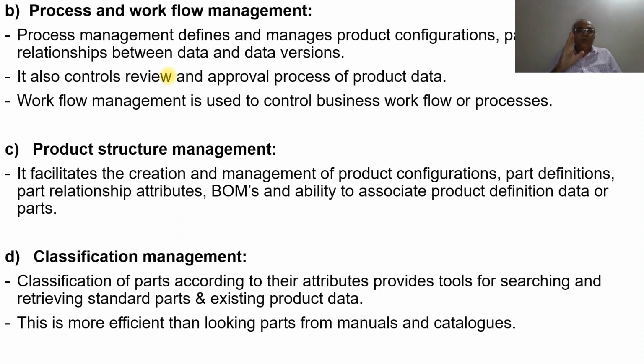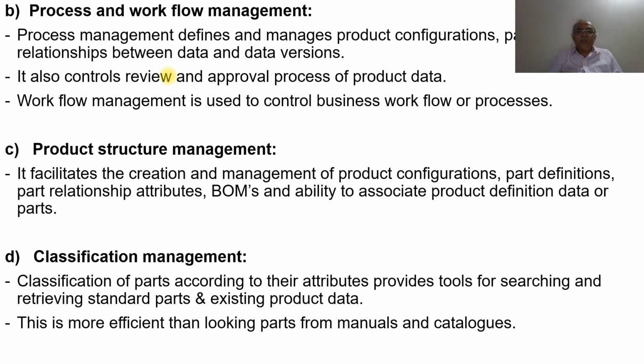It also controls the review and approval process of product data. Whenever we have management, they need to review the product and also the approval process. Once the review has been done, if the work is satisfactory, then the data has to be approved. So all these processes take place.